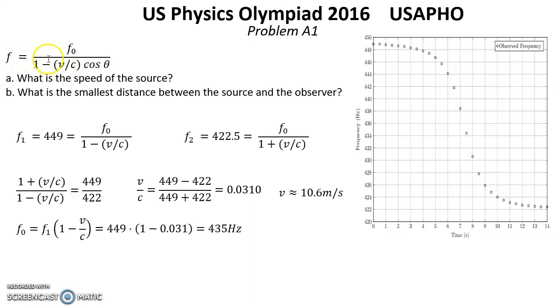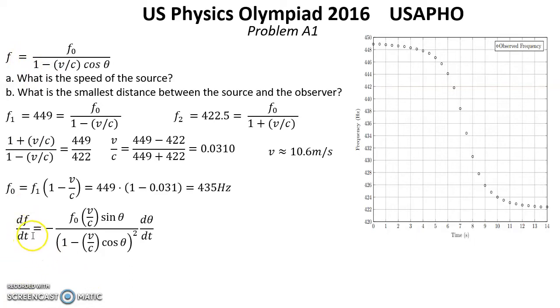Let's take the first derivative of this expression. df over dt will be this expression, and at the point when theta equals pi over 2, we have df over dt equal negative f0 multiplied by v over c and multiplied by v over d0, where d0 is the shortest distance for theta equal pi over 2.